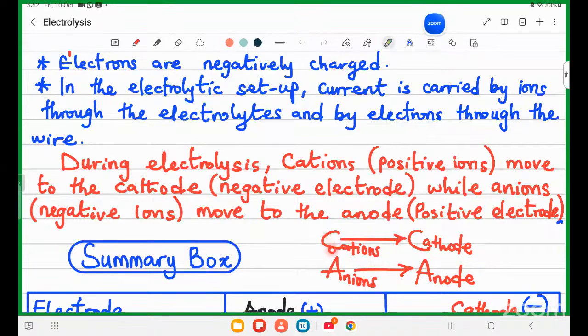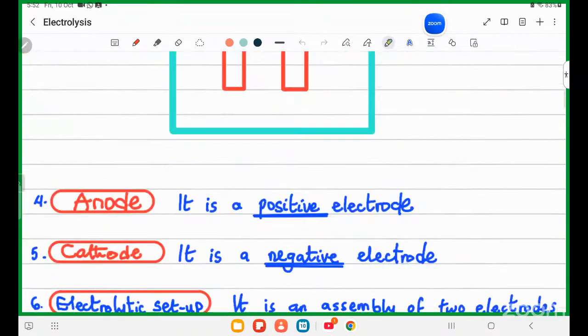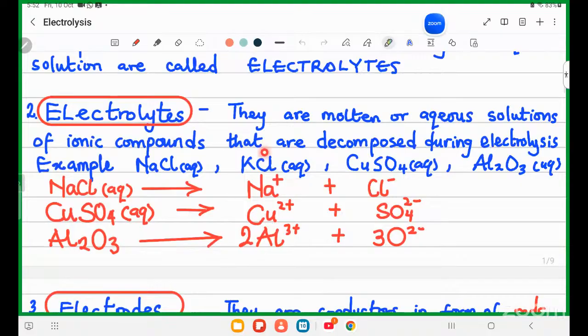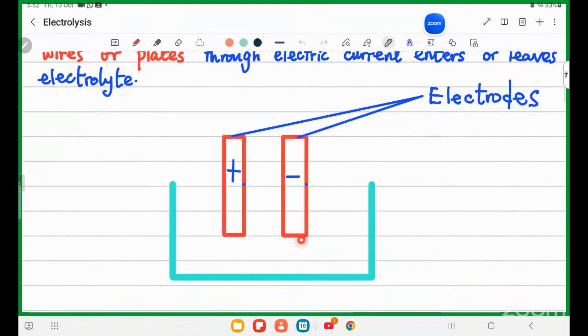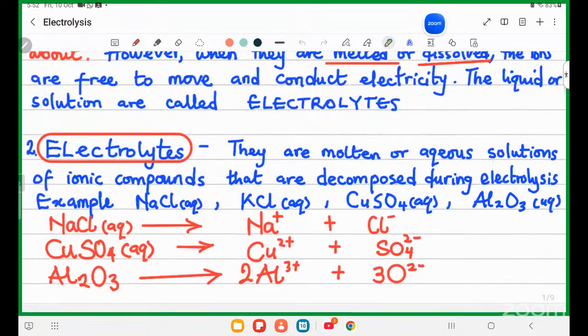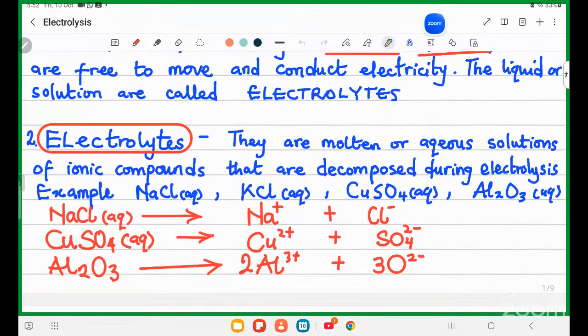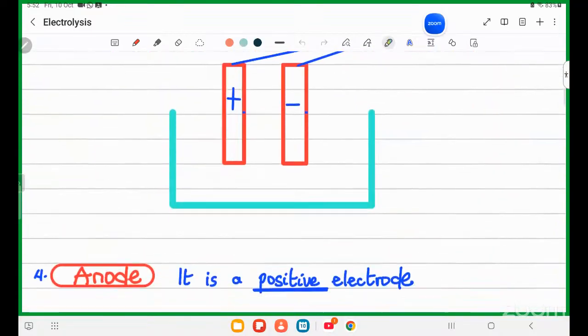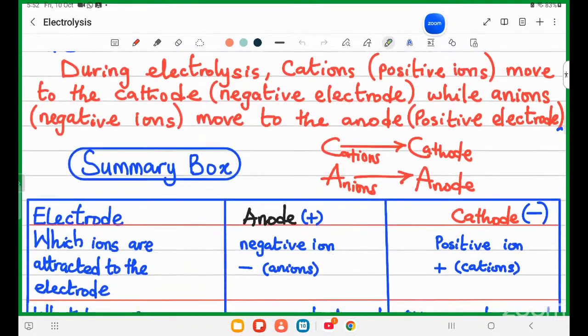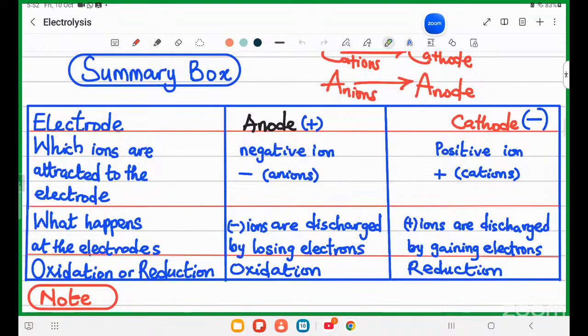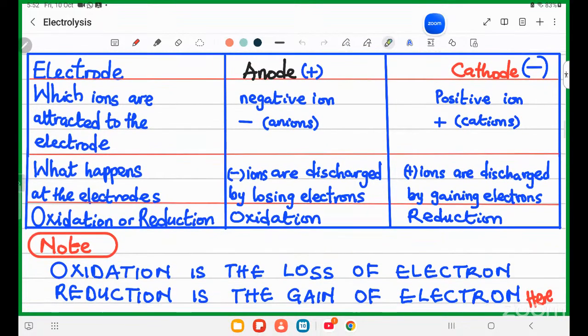So during electrolysis, when they split into 2, the cations will go to the cathode, while the negative ions, anions, will go to the anode. And we decoded that A to A, then C to C. And you should remember this essentially, and it's very important.